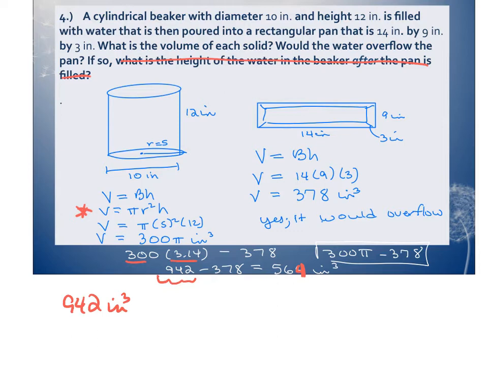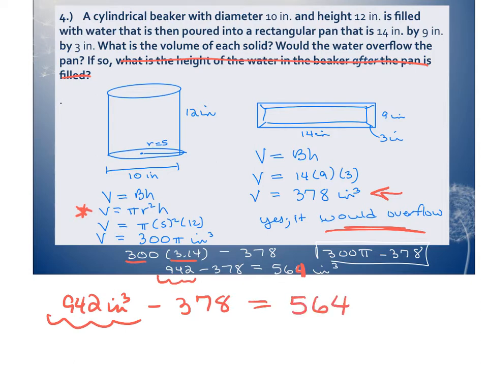Once I do the volume of the rectangular pan, that only gives me 378. So it's not going to hold nearly as much as my beaker. So yes, it would overflow because the beaker holds 942, whereas the pan is only going to hold 378. Once you subtract these, this is how much it would have overflowed.